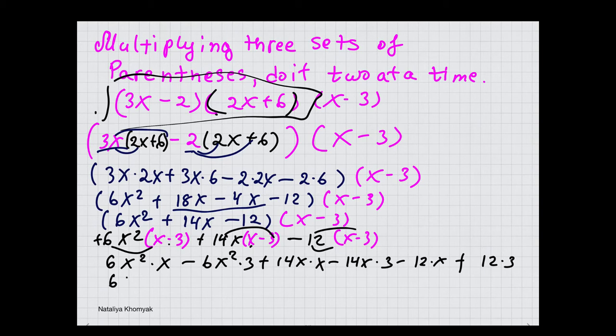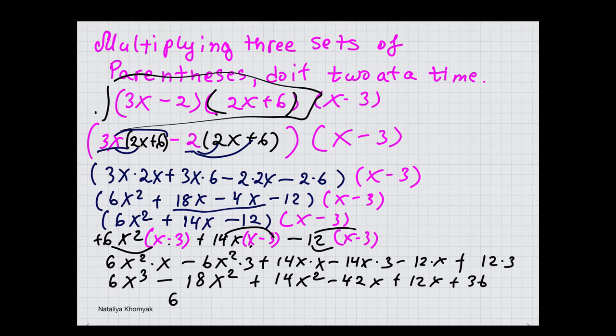So we have 6x to the 3 minus 18x to the second plus 14x to the second minus 42x plus 12x plus 36. So let's combine like terms.